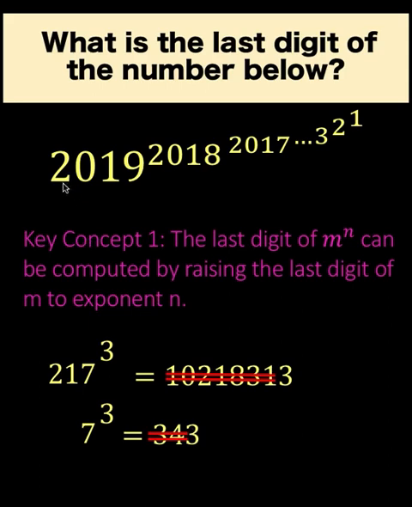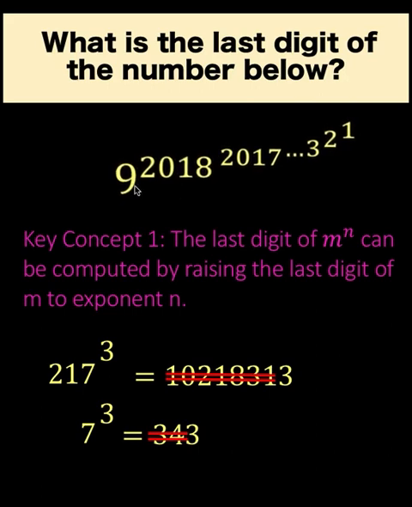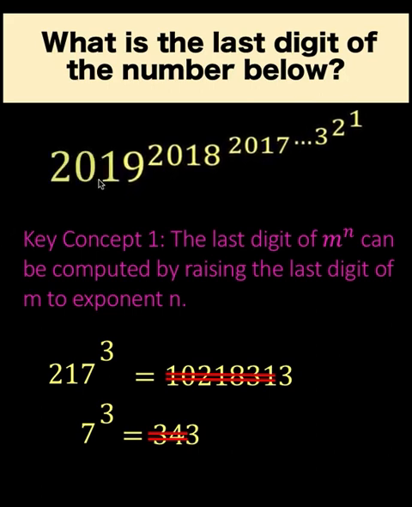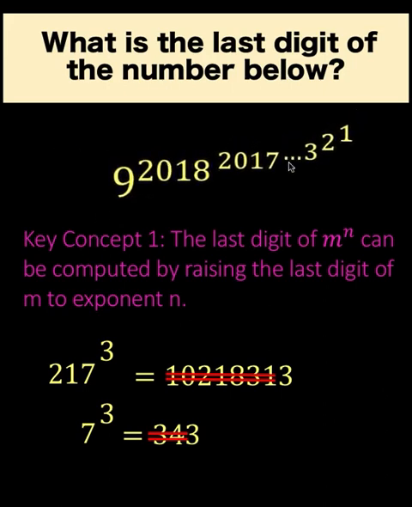Meaning, if you have 2019 raised to this so many exponents, the last digit of this exponential expression is just the same as the last digit when 9 is raised to the same exponent. We do not need to compute the entire 2019 raised to this exponent. If we want to find the last digit, we can achieve the same result by just taking the last digit 9 and raising it to the same exponent. And that already lessens our computational load.